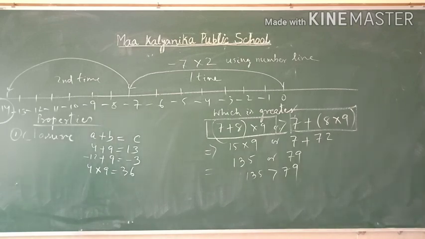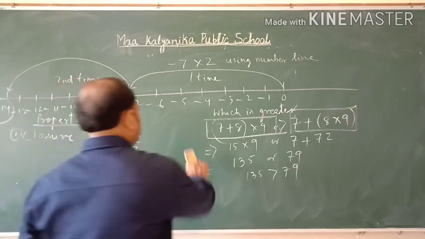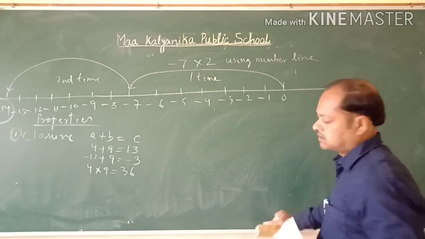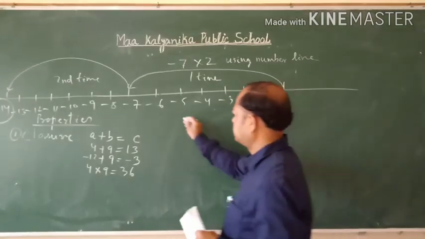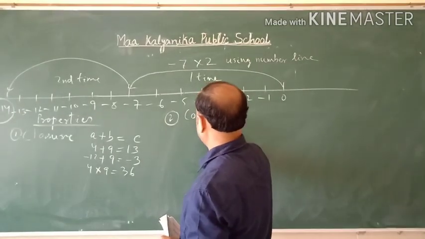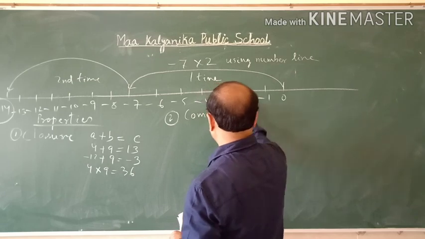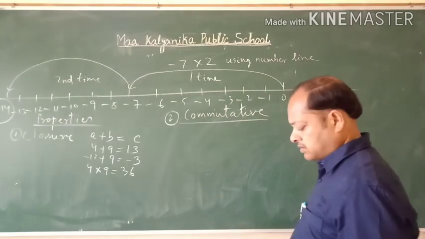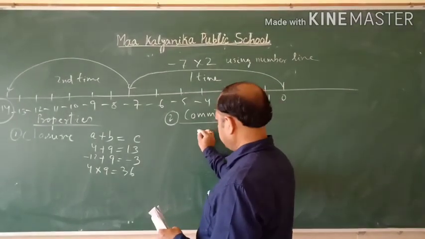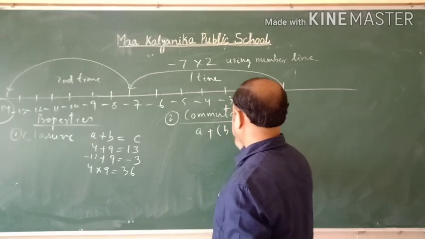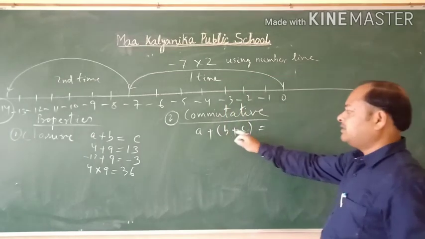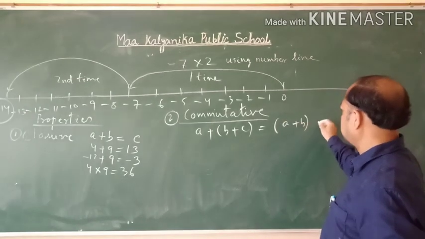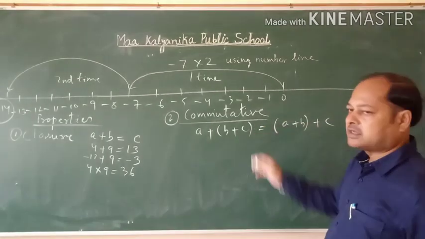Now what is commutative property? Let's see commutative property. Suppose A plus B plus C, where A, B, C are three integers, we can write it like this: A plus B plus C. It is the commutative property of addition.